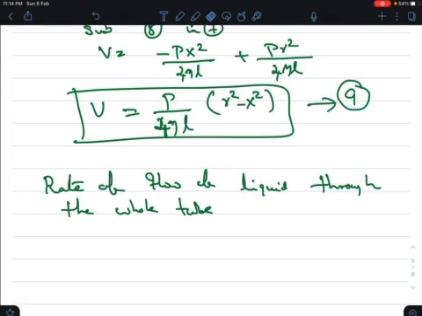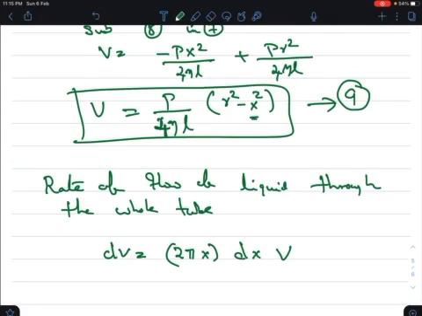So what do you get here in equation 9? Here we get the velocity of the liquid for a layer of radius x. Now the volume of liquid between two layers per second, we can put it as dV is equal to 2 pi into x dx times the velocity.